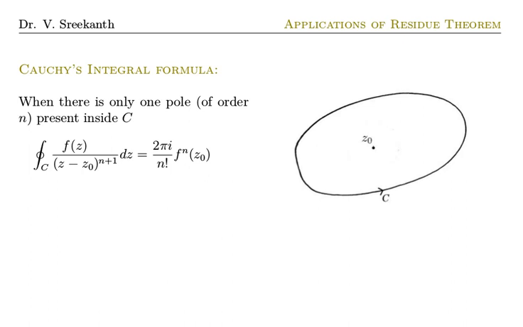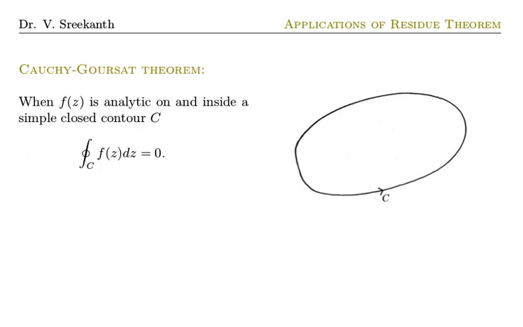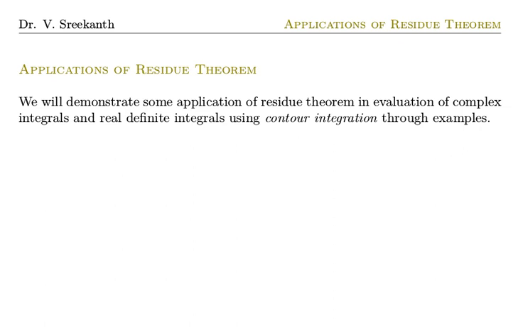Suppose there is no pole inside, then it is easy to see that if f of z is analytic on and inside a simple contour, then the closed integral vanishes, right? This was nothing but the Cauchy-Goursat theorem that we saw earlier. So the residue theorem is very powerful and it is a general case, and one should expect a function having singularities in some region, right?